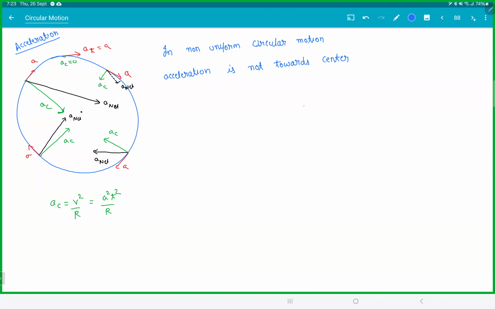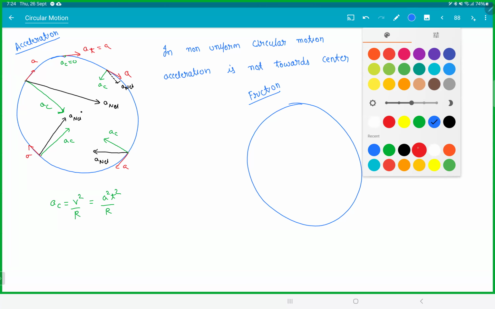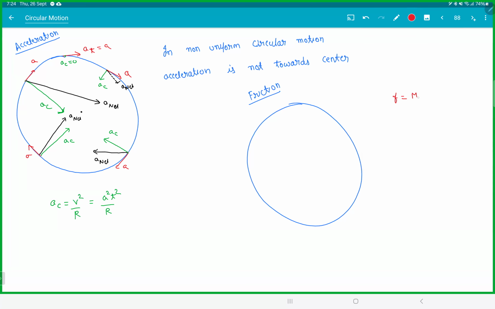Now, suppose same diagram, if I ask you to draw the free body diagram, how will friction look like? If you try to plot the frictional force acting on this, remember just now we said F is nothing but m a net. So initially at t equals 0, the friction is actually tangential. And then here the friction would be something like this.